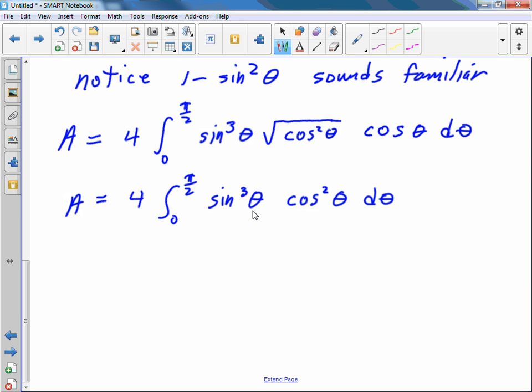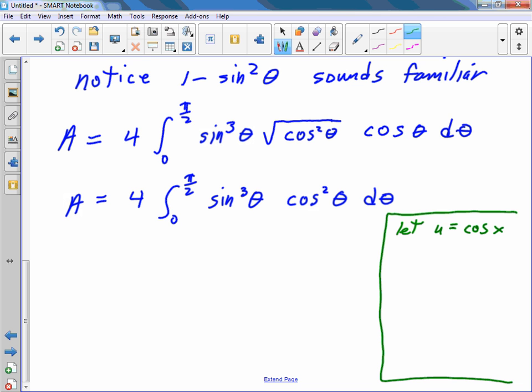Maybe there is, but I didn't see it. So I did a second substitution. I said, let u equal cosine x.